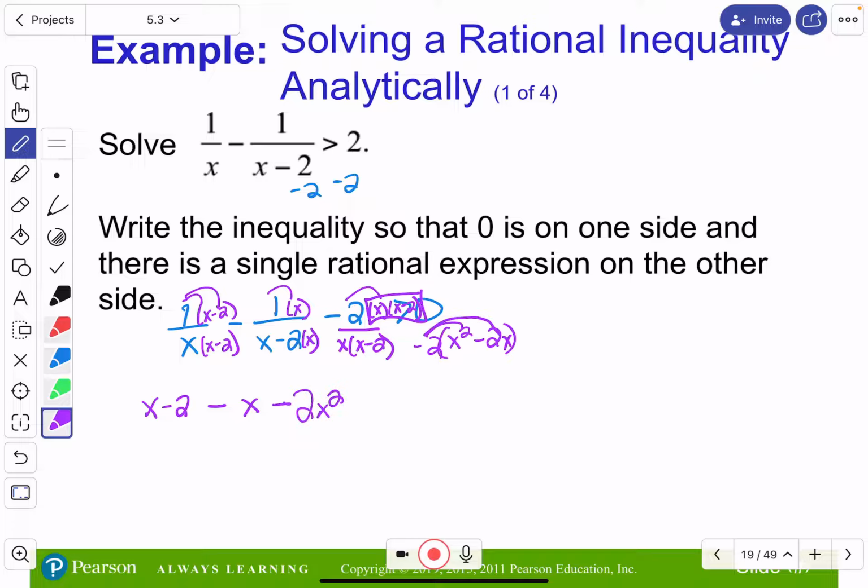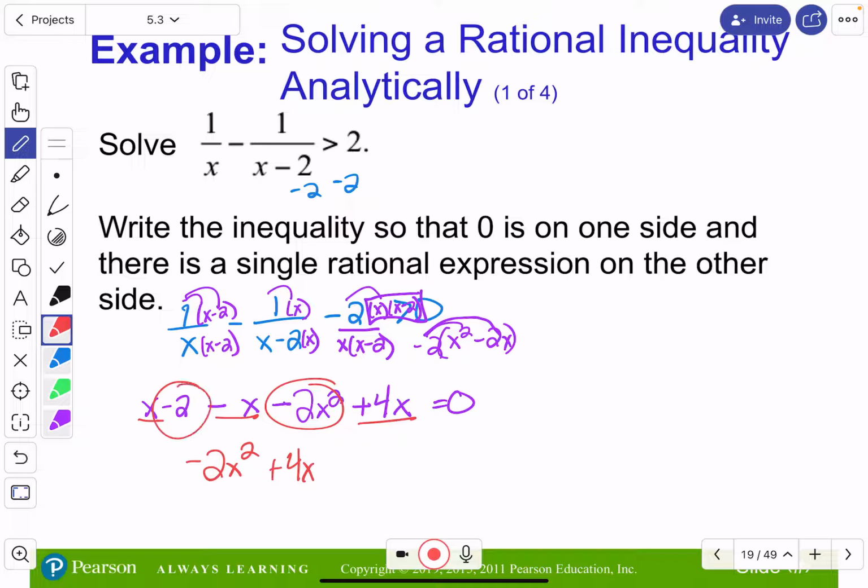And negative 2 times negative 2x is 4x. And we can ignore the bottom because they're all the same now. So now we solve this. So if I combine like terms, we have a negative 2x squared. And then we have an x and a negative x, which cancel. So plus 4x. And then minus 2 equals 0.